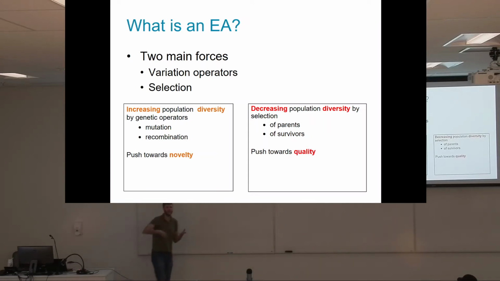So the variations might cause changes that aren't great, where selection will keep trying to focus on selecting parents that are good. Which, if they're all good, they might start to converge on a particular permutation, which might be a global optimum, might be a local optimum. But we have to be careful too, because like anything, sometimes you have to take one step back before you take two steps forward.